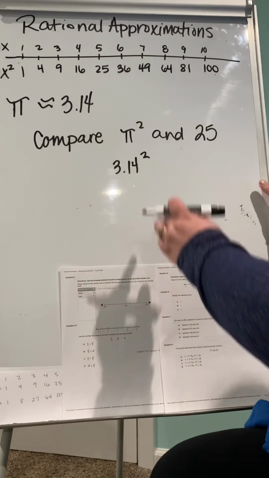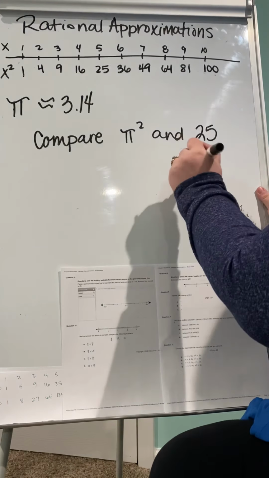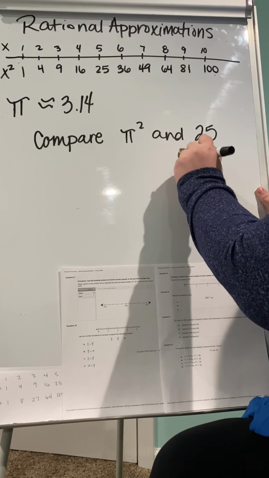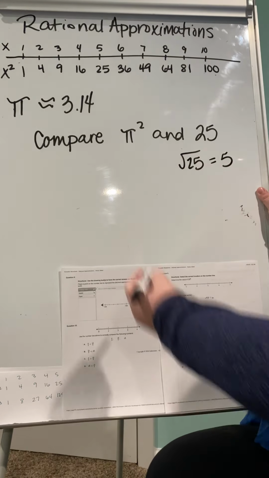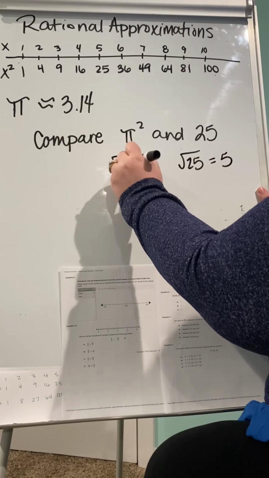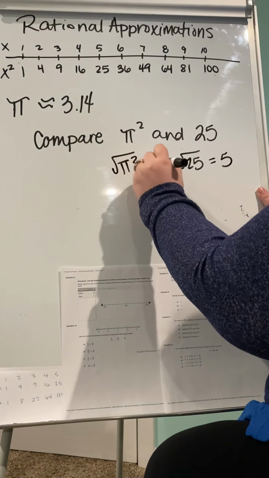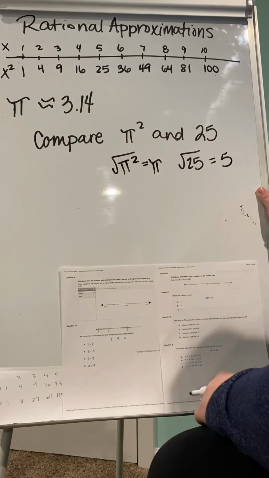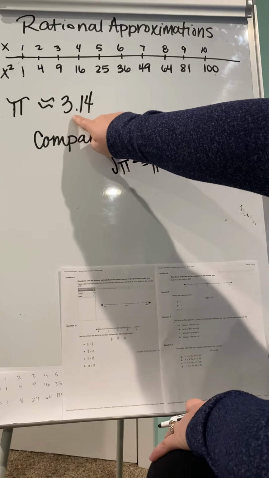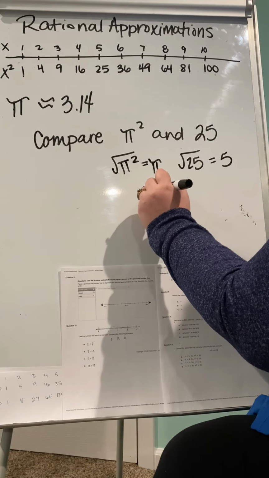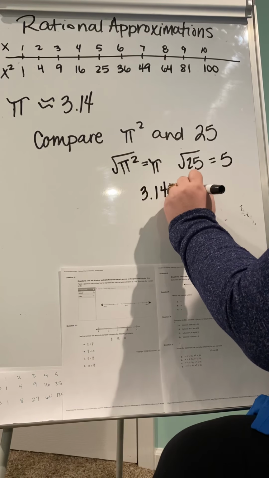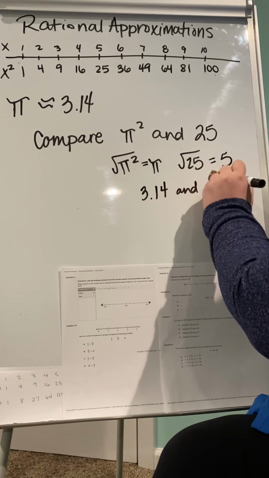Okay, so I know the square root of 25 is 5. If I take the square root of pi squared, I just get pi. I know pi is 3.14. So now what we are doing is we can compare 3.14 and 5.